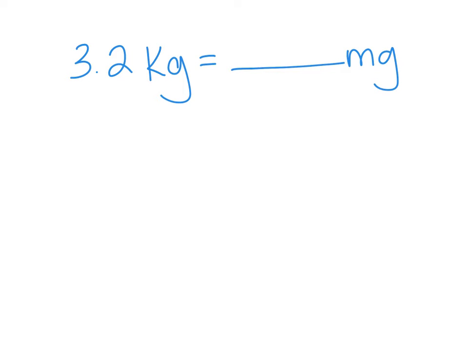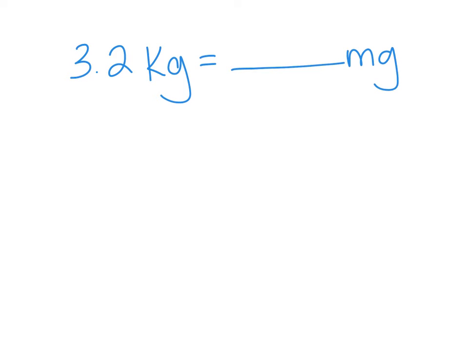All right, let's do another metric system problem, but this time, let's do a two-step problem. So let's say I want to convert kilograms to milligrams. So let's say you've got, what's a good one? 3.2 kilograms. And I want to know how many milligrams that is equal to.